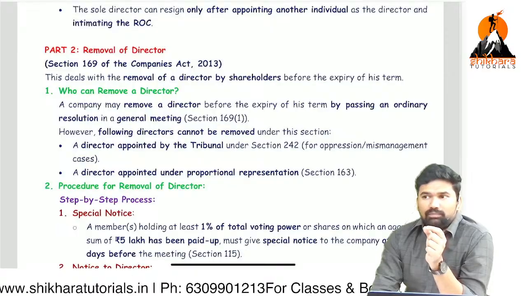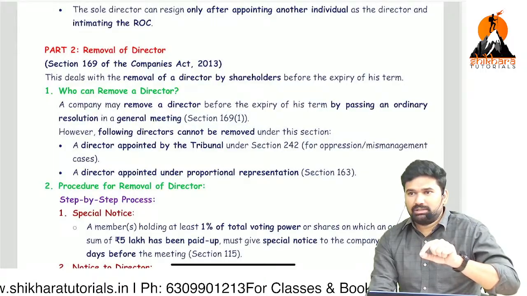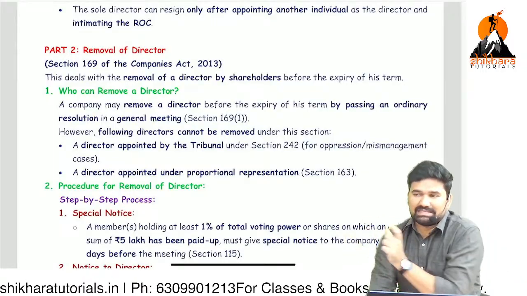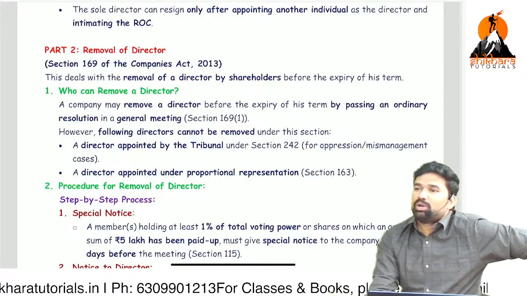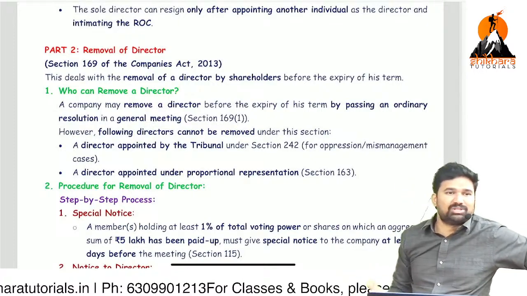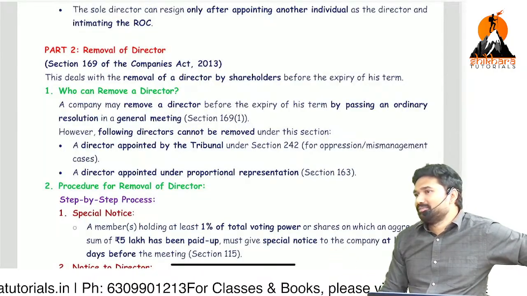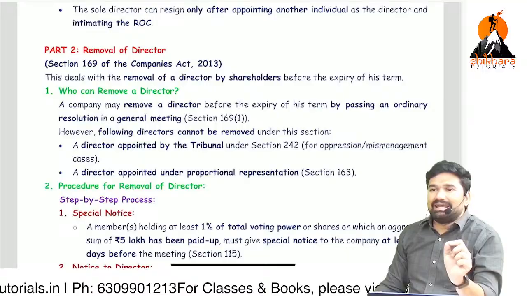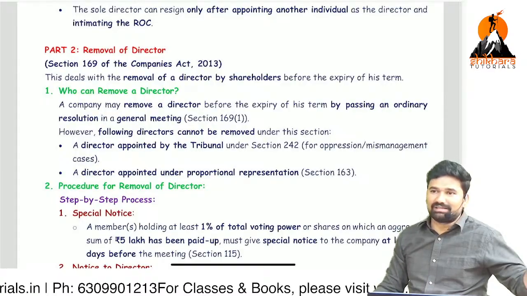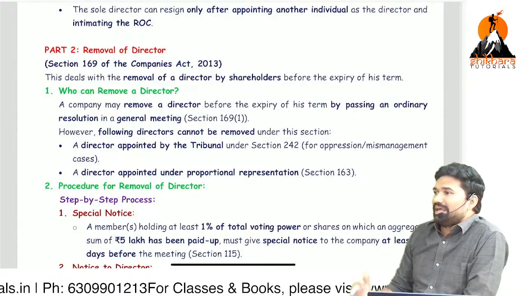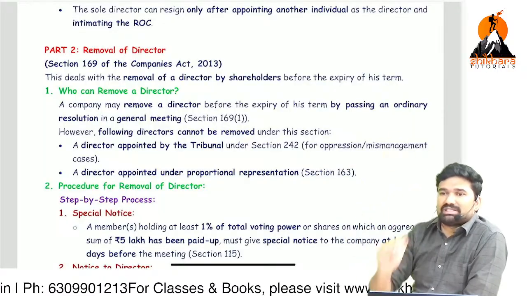So, if members have the power to appoint a person into the position of a director by passing an ordinary resolution, then why can't members have the power to remove the director by simply passing an ordinary resolution? Possible, right? This is the whole concept. So, in order to remove a director, just an ordinary resolution is enough for members to remove a person from the position of directorship. It is as simple as the appointment process.